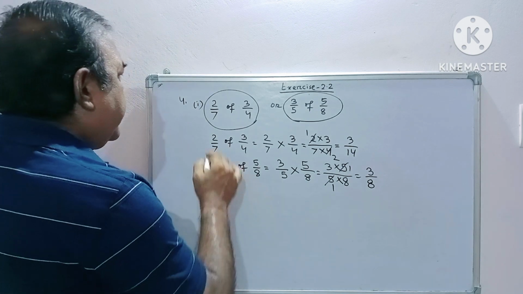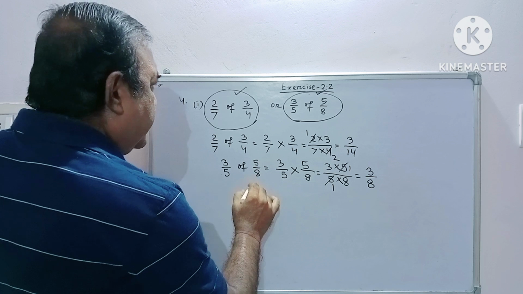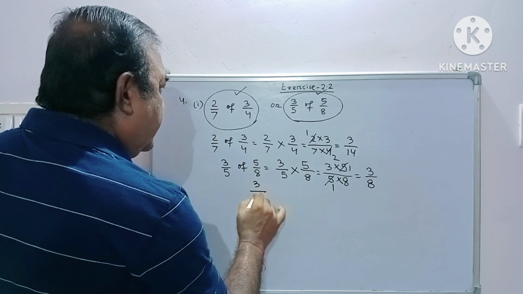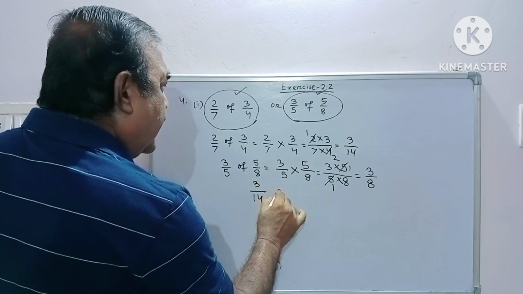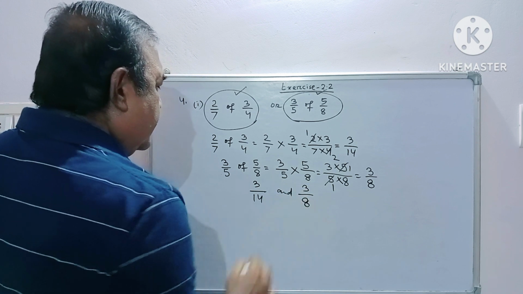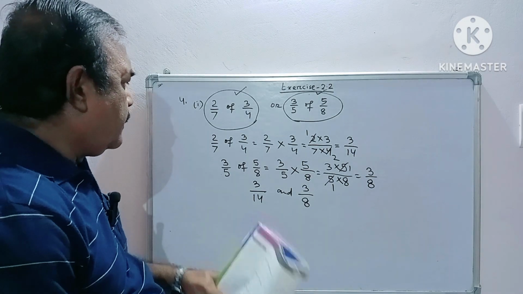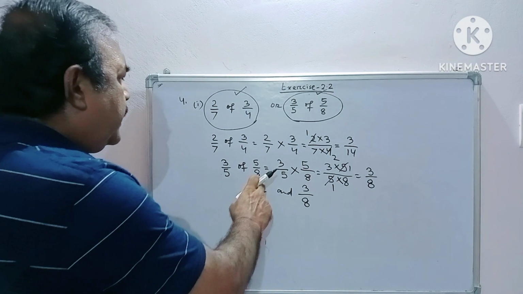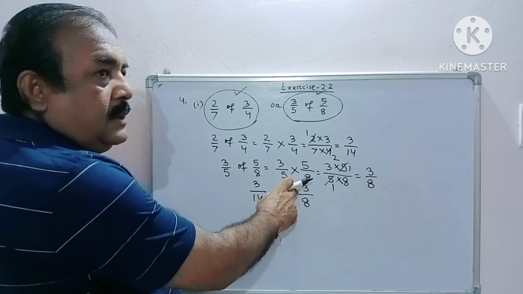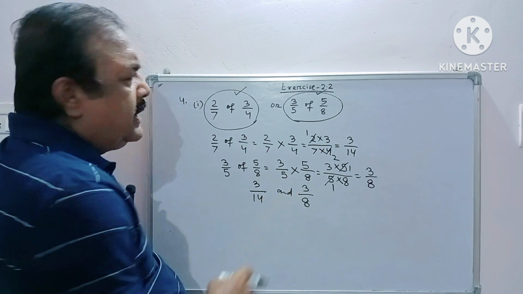Okay, so we have to compare between 3 upon 14 and 3 upon 8. What you know about this? Now you have known the rule. If the numerator is same, then the fraction having lesser denominator is greater.